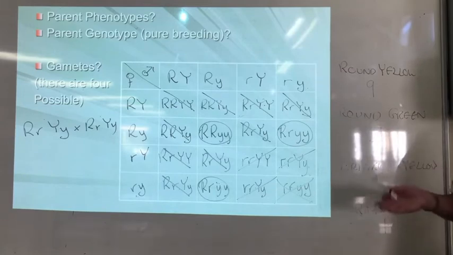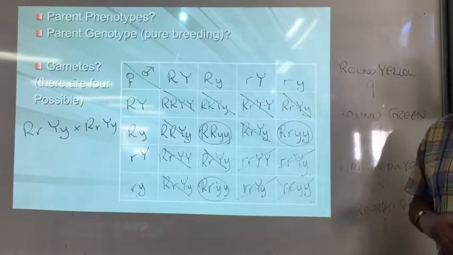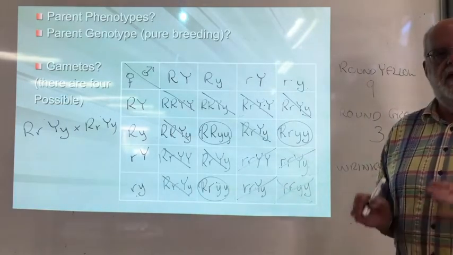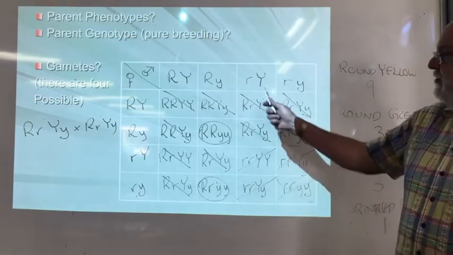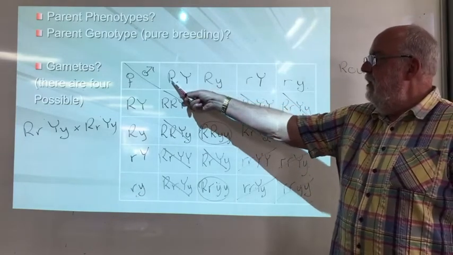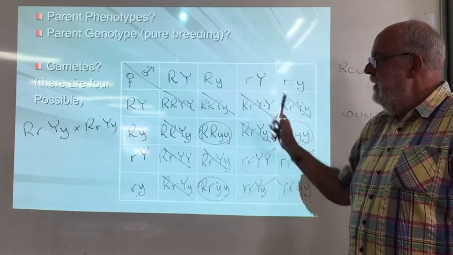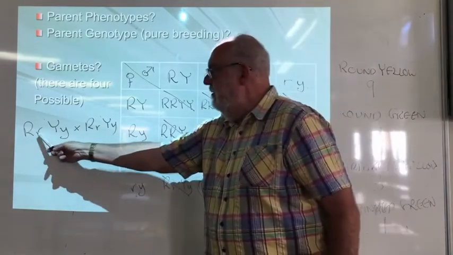So we've now got a 9 to 3 to 3 to 1 ratio, which is the standard ratio for a dihybrid F2 generation cross. Two different characteristics, in this case, the shape of the seed and the colour of the seed. Each parent is heterozygous.